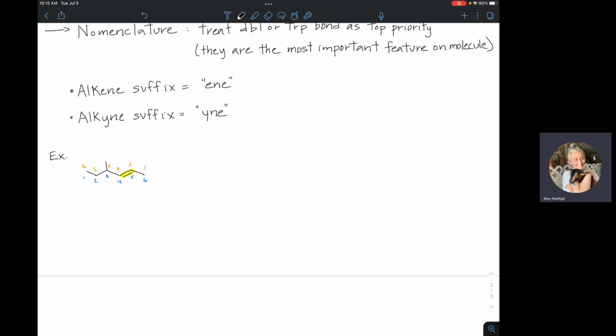So you're going to want to let somebody know which carbons bear the double bond. If I go from left to right, then the double bond begins on carbon 4. And if I go from right to left, then the double bond begins on carbon 2. So I'm going to number this from right to left.